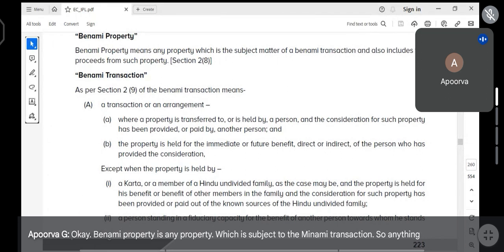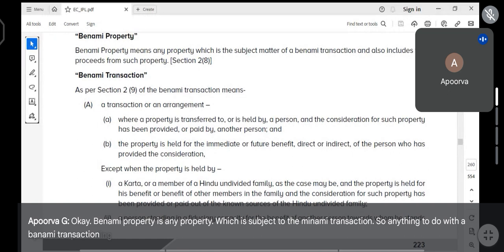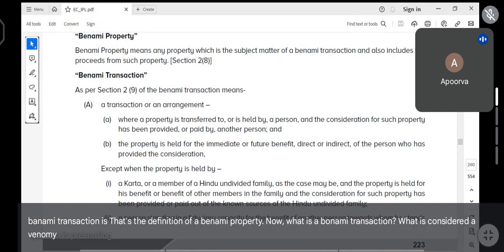So anything to do with a Benami transaction, that's the definition of Benami property. Now, what is a Benami transaction? What is considered a Benami transaction is what you're going to see.